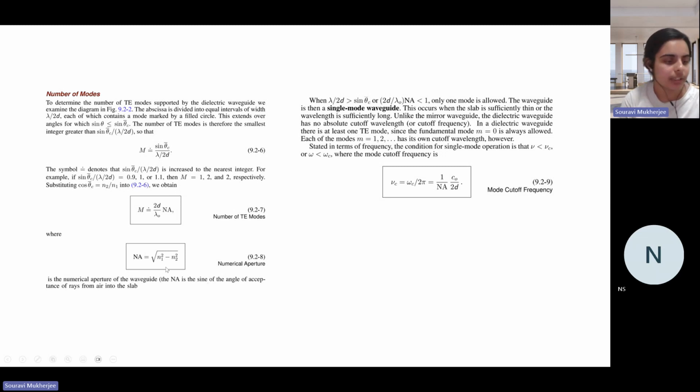By that you can find the values of refractive index for core and clad. So these are pretty much the concepts and formulas required for understanding how propagation happens inside the waveguide.